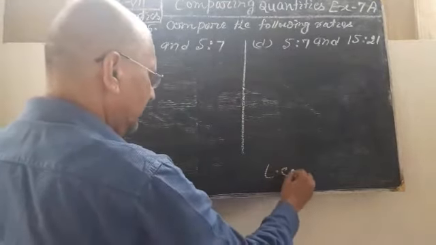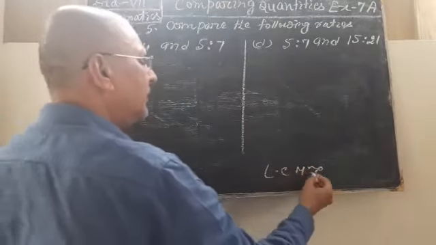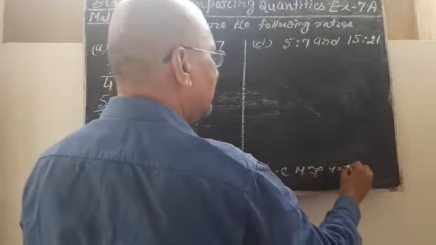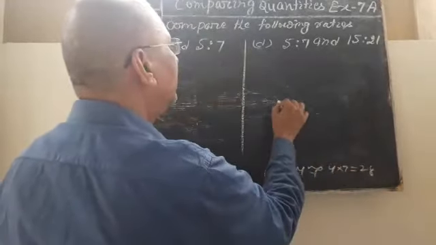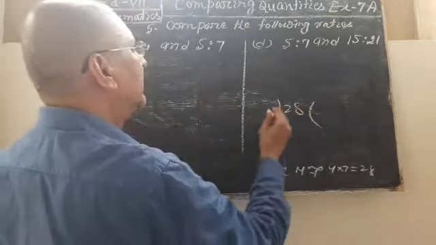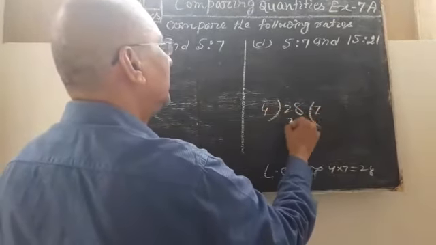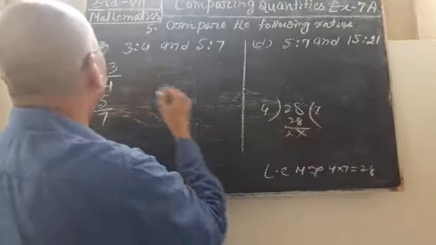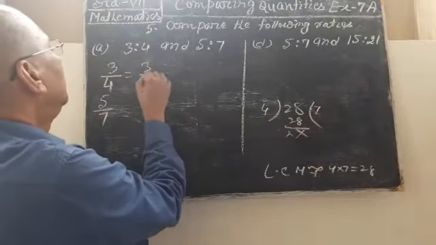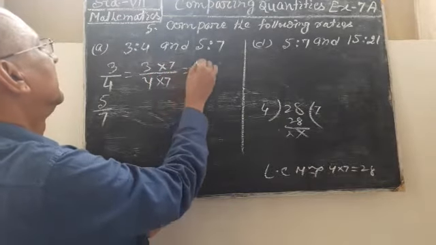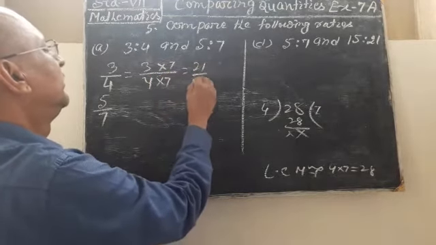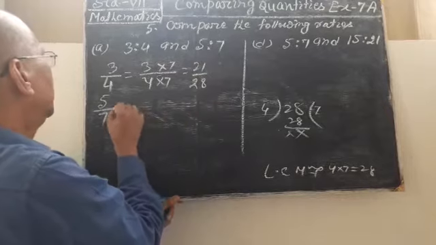Here the LCM of 4 and 7 is equal to 28. Now divide this 28 by the denominator 4, which is equal to 7. So 3/4 multiplied by 7/7 gives 21/28.